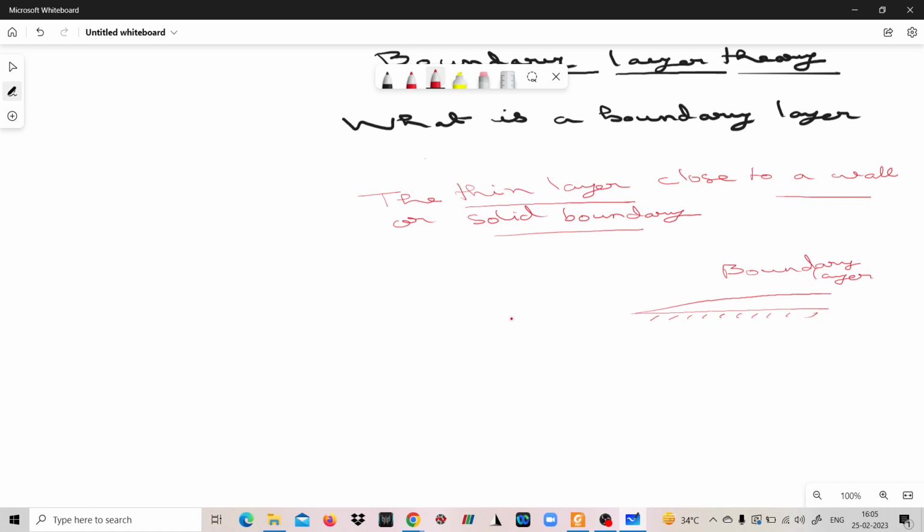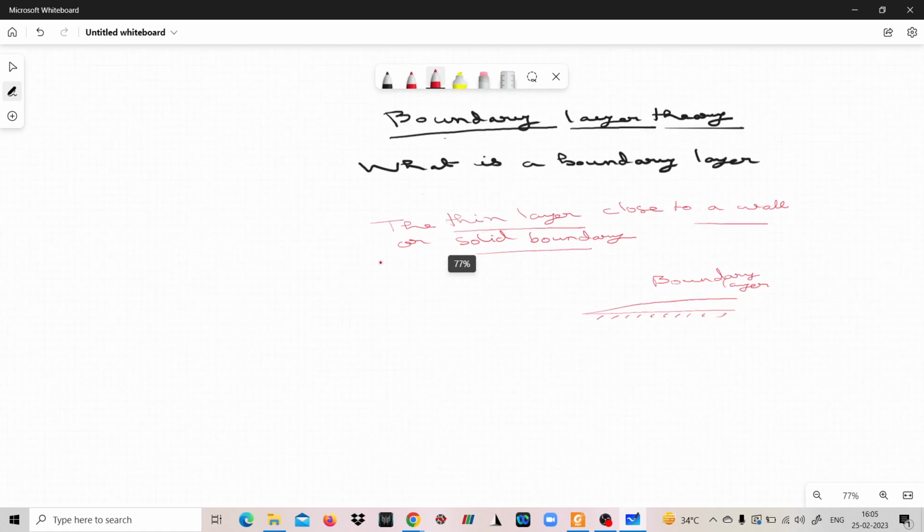Then in studying the phenomenon of flow separation associated with flow past blunt bodies, if you want to appreciate the flow physics, it is very important to know the concept of a boundary layer. So first of all, what is a boundary layer? The boundary layer is a thin layer of a flowing fluid close to a wall or a solid boundary.